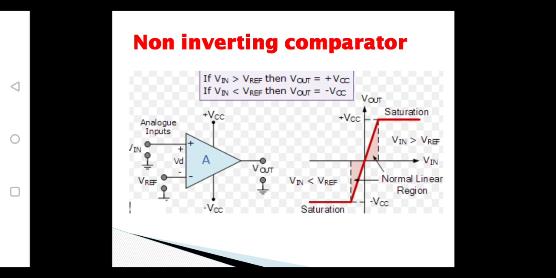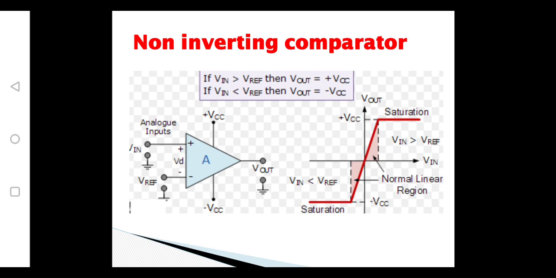This is the structure of a non-inverting comparator. As the name says, the input should be applied to the positive terminal and the negative terminal should be connected to a reference voltage. Here, whenever the input is greater than V reference, the output will be plus V saturation.